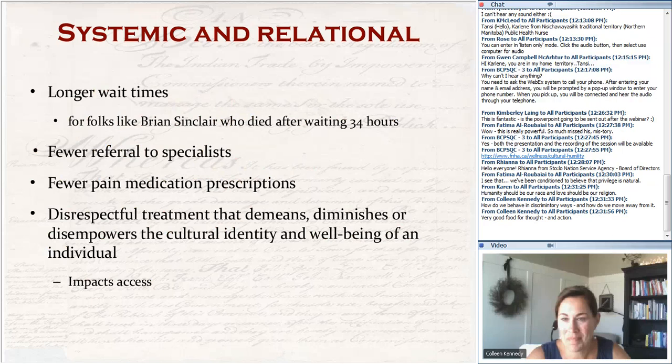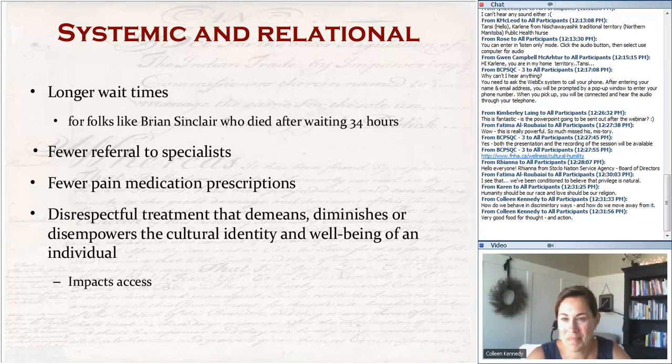These are well documented in studies, and so we know that people who have been racialized as Indigenous within healthcare systems often have longer wait times. For people with complex or ambiguous, let's say, health concerns like Brian Sinclair, often have substantial wait periods and are treated in ways that sometimes harm them and sometimes end their life.